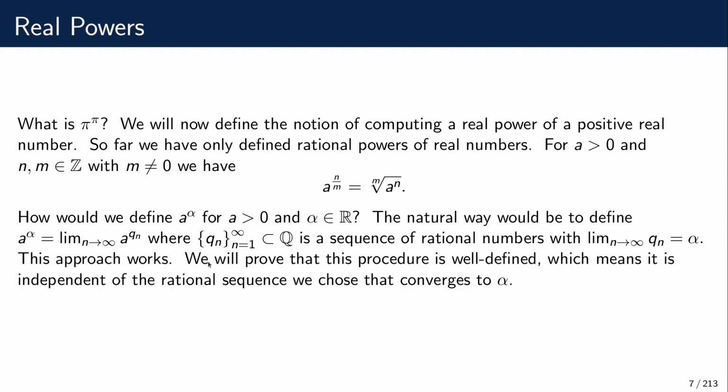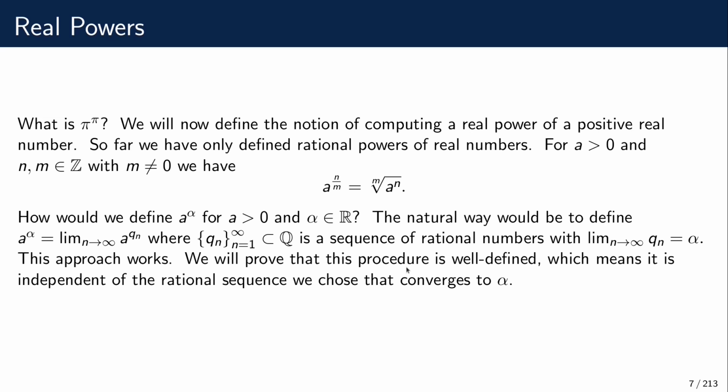Okay, so first of all, we have to prove that this is well defined and that the limit is independent of the sequence of rationals that we choose. For all such sequences qn of rationals that converge to alpha, this limit is going to be the same, and this limit would be how we define a to the power of alpha, which is the real exponent.